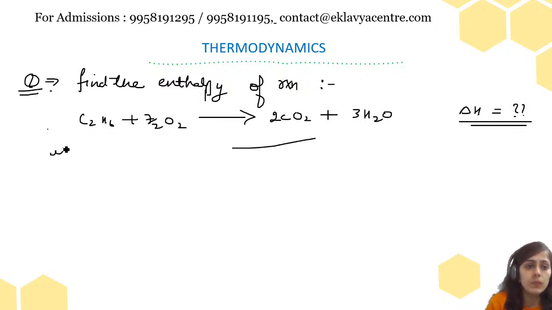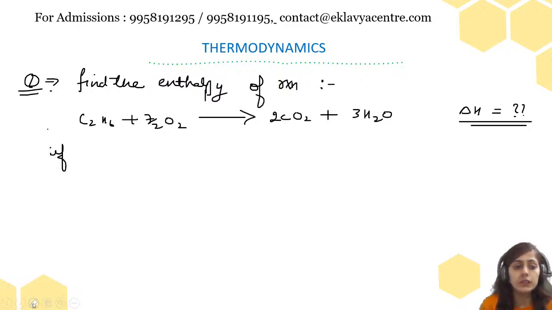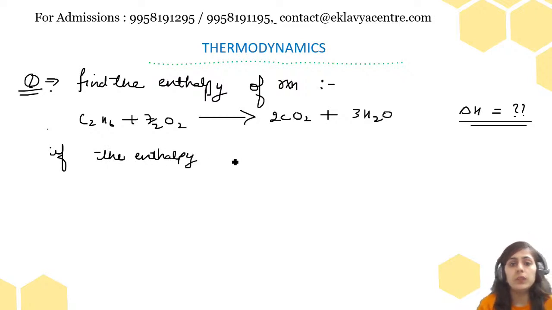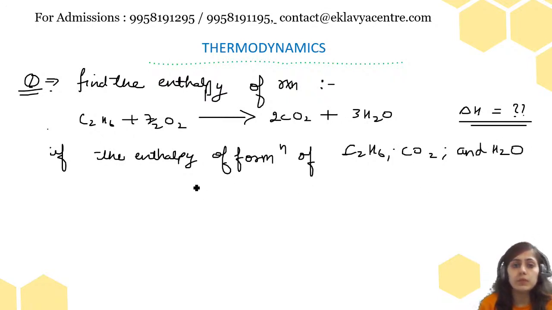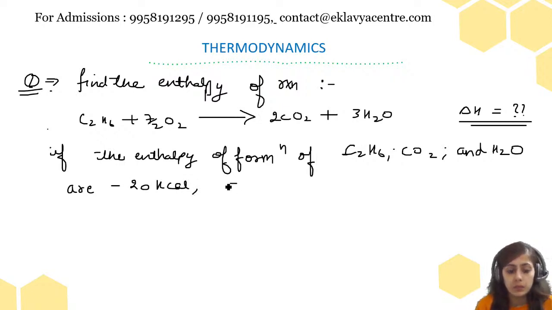If the enthalpy of formation of C2H6, CO2 and water are minus 20 kilocalorie, minus 90 kilocalorie, and minus 70 kilocalorie.